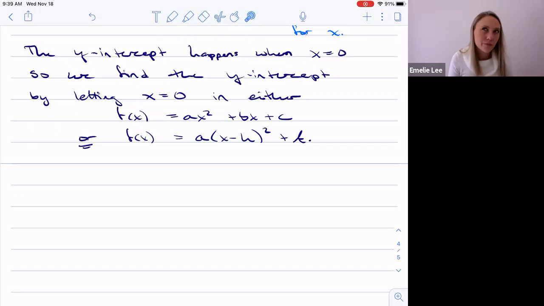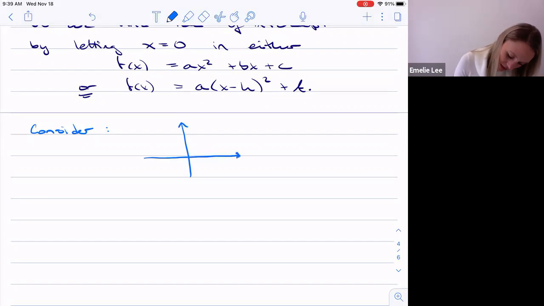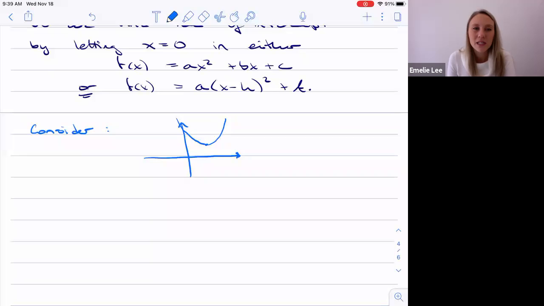Consider something like this. If you had a graph that looks like this, so here's your vertex and it's pointing up, you're not expecting to find any x-intercepts.